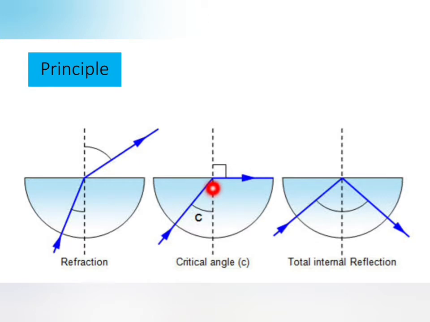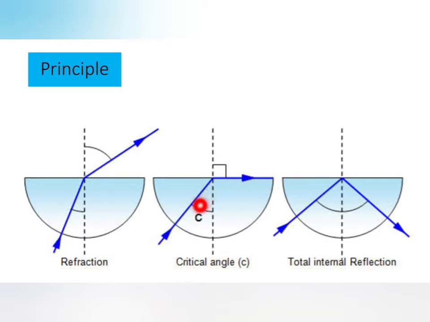The critical angle of water is 49 degrees. That means if light rays go from water to air and fall at 49 degrees to the normal, the angle of refraction will be 90 degrees and the light rays will go along the border, that means along the interface.